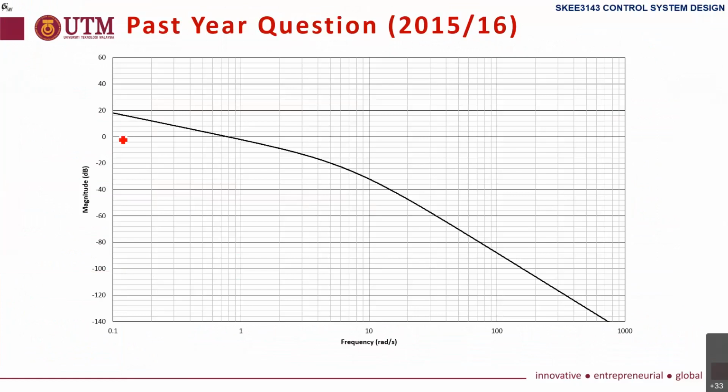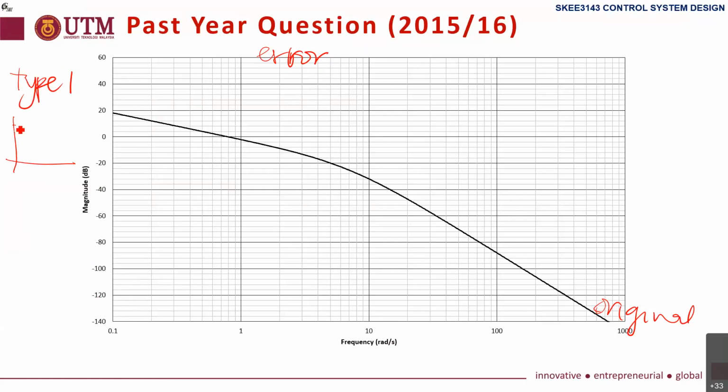What we did just now, remember, we are discussing the effect on the error. Okay? This is the original one. How to get the error? Because this is a system type 1, type 1 will be like this.